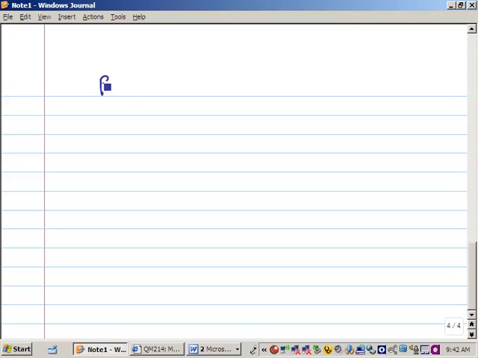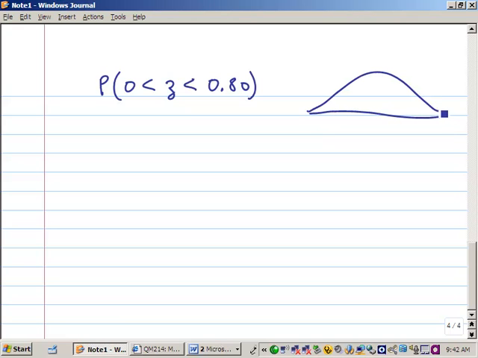Let's say that we're looking for the probability of getting z between 0 and 0.8. Again, sometimes you'll find it useful to draw a diagram. In this case, we know that we will find this from our tables.